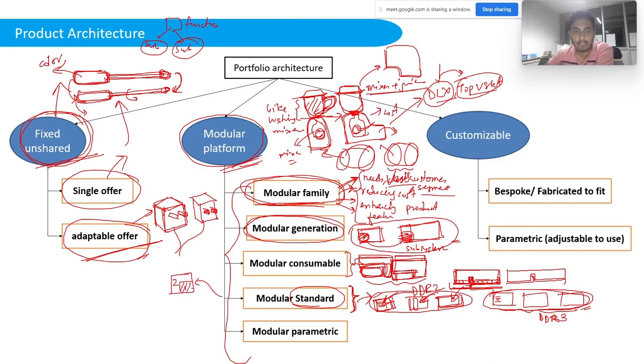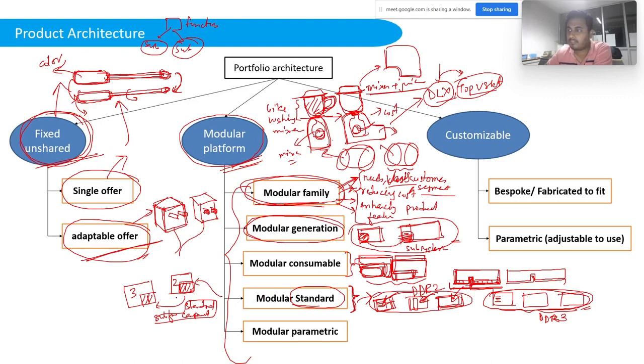Let's say component one is a modular component and you carry it forward. Now this has three parts, but one is common, so these are modular. If this one is a standard component or sub-function, then it is called modular standard.